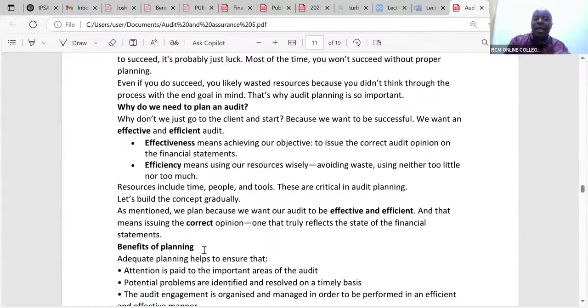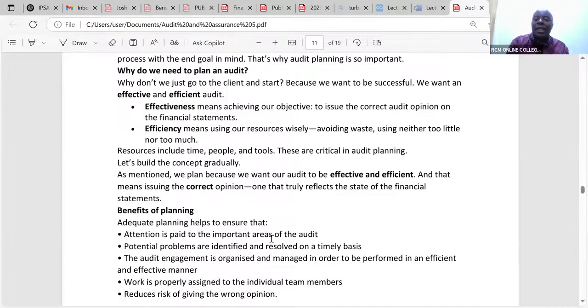Benefits of planning. Adequate planning helps to ensure, I've always seen this in your exams, that attention is paid to the most important areas of the audit.